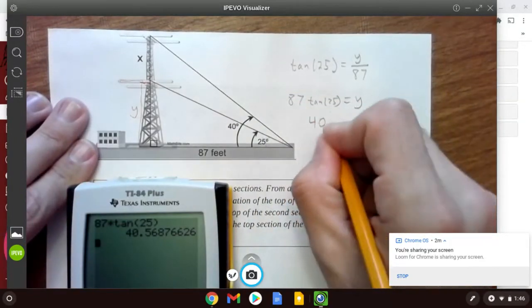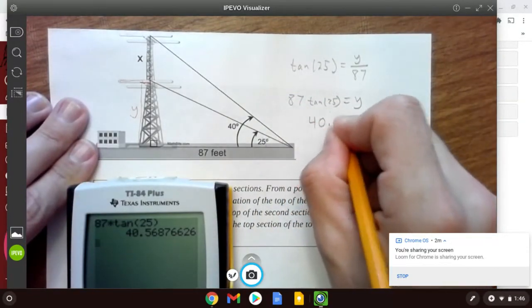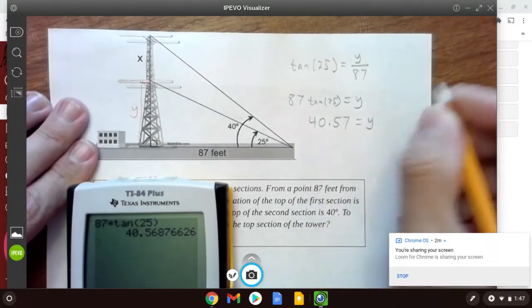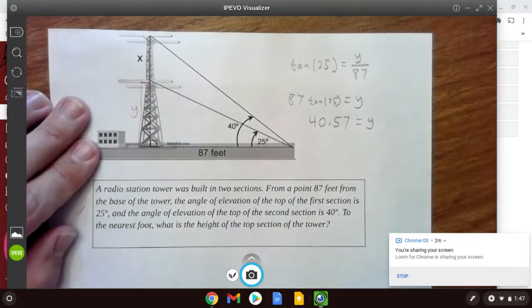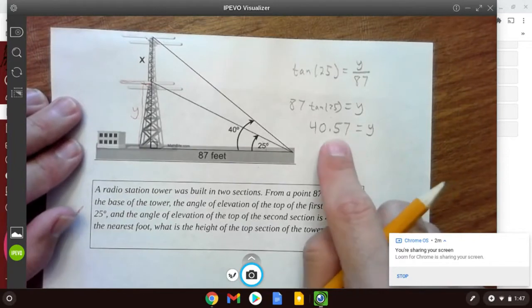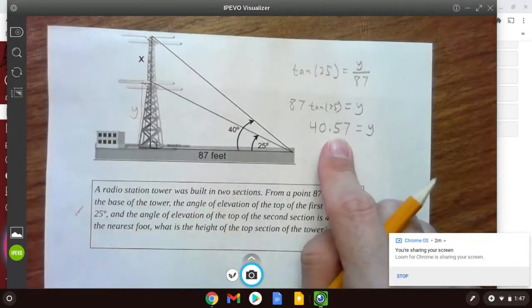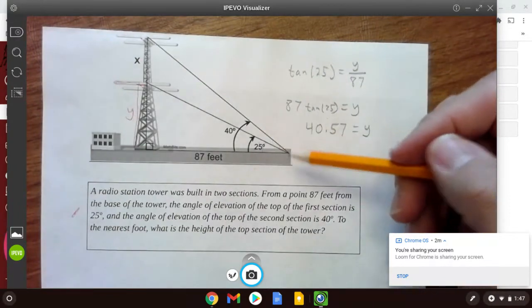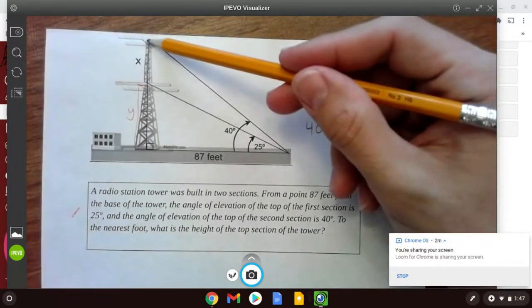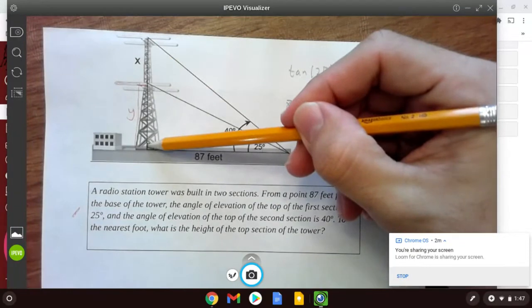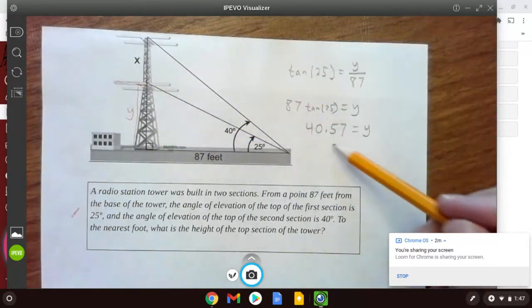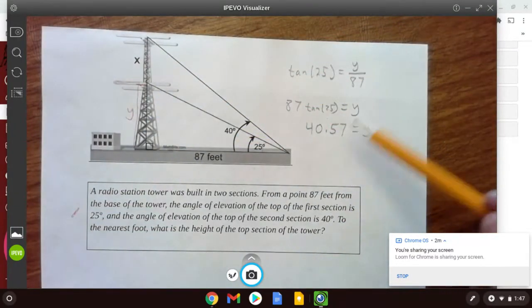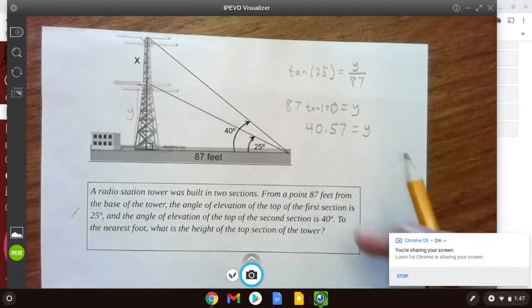So y is equal to 40.57. I'm rounding it out here so that I get a little bit better of an answer for later. Now if I find this whole height, I can just subtract off the 40.57, and that's going to give me my remaining for x.